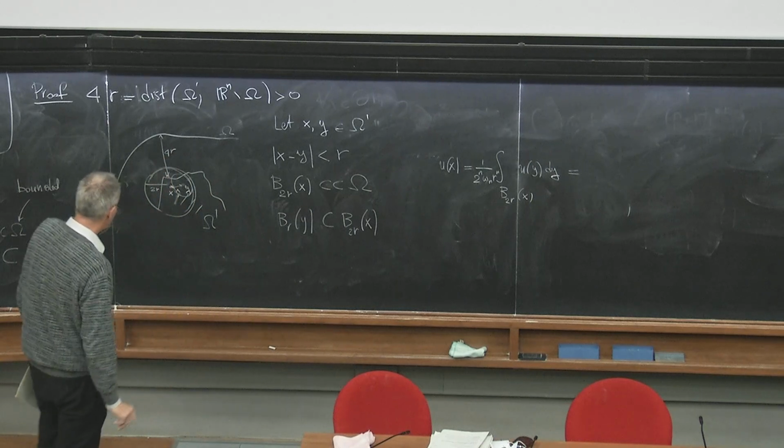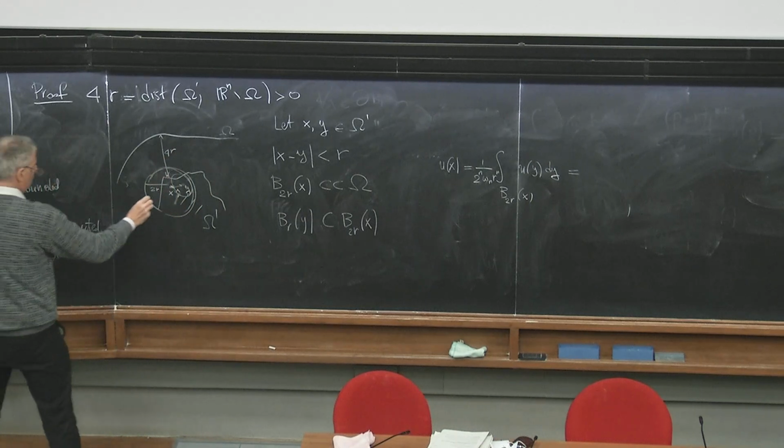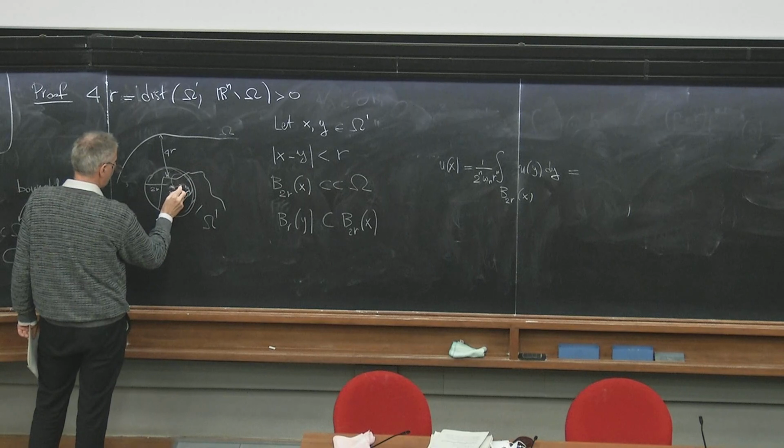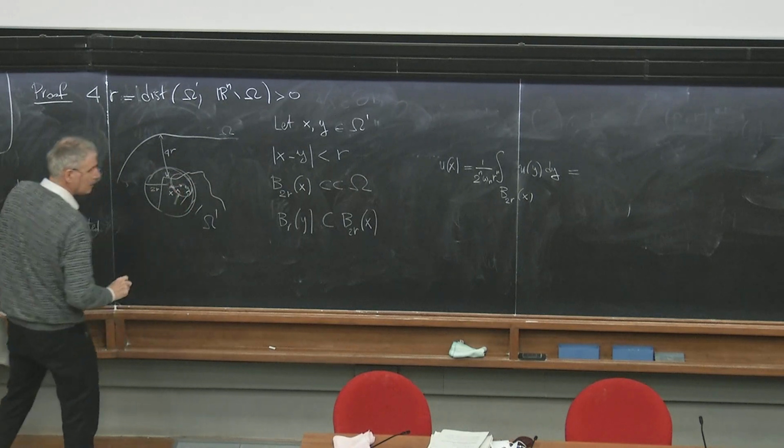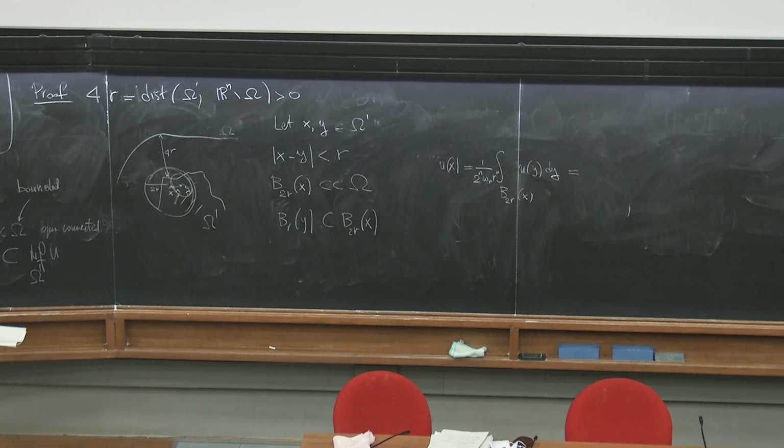Because their distance is less than r, then I take a ball of radius r, this radius is 2r. Is this clear?